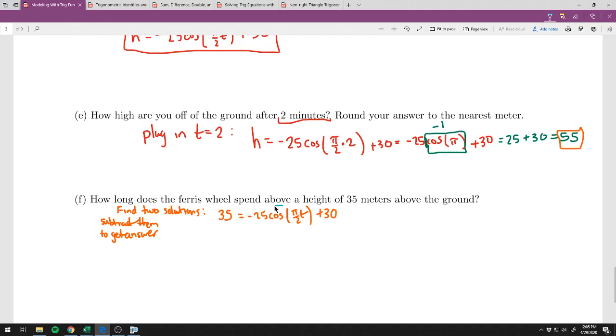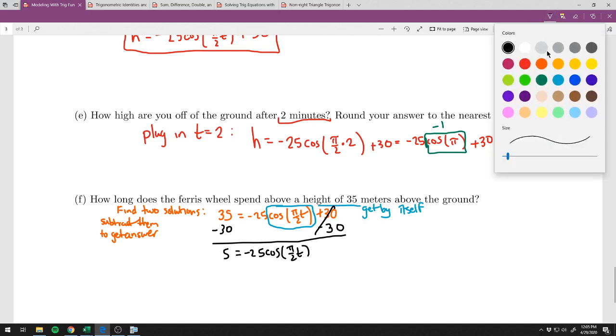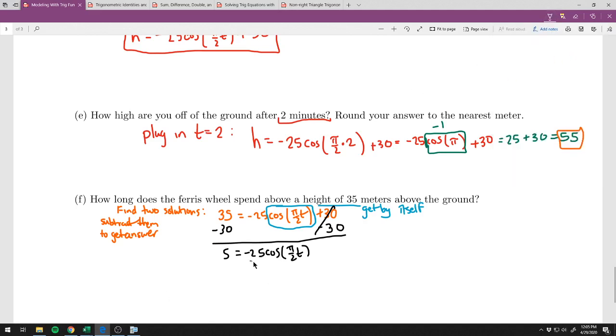All right, we start by getting the cosine part by itself. Subtract our 30 from each side. We get 35 minus 30 is 5 equals negative 25 cosine of pi over 2 times t. We divide each side by that negative 25 to get the cosine by itself.